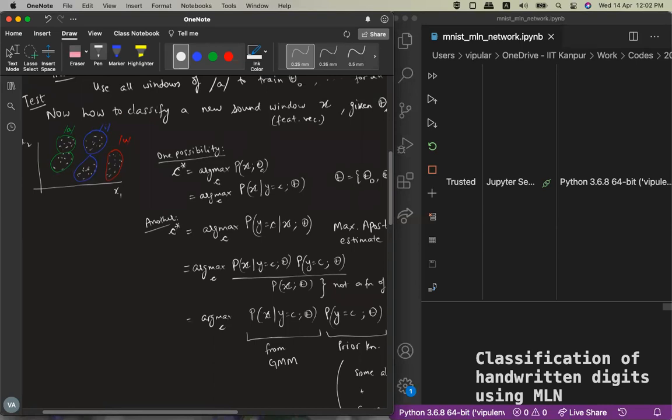My blue class will have another GMM, and the red class will have another GMM. If you put any input x into my green GMM, it will give you a number, the probability of x given this class, let us say 0.1 or something.